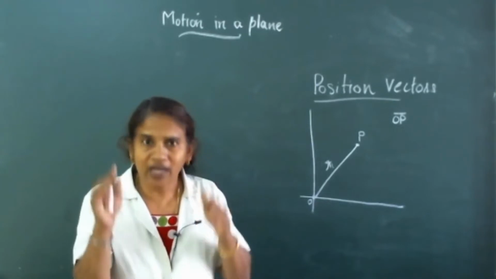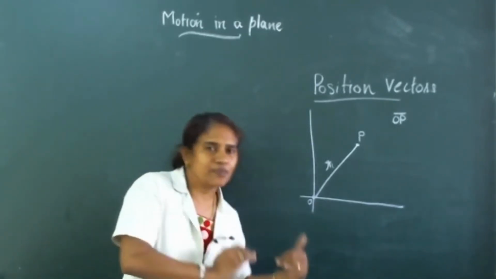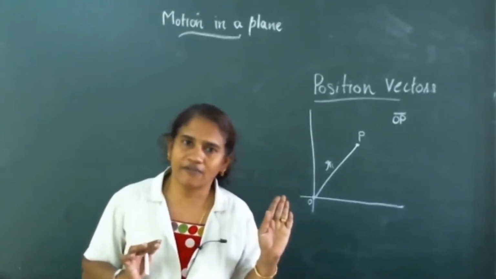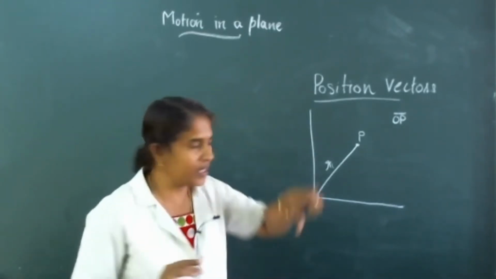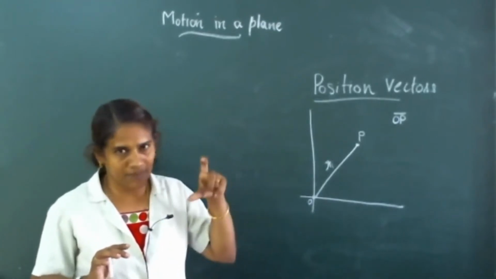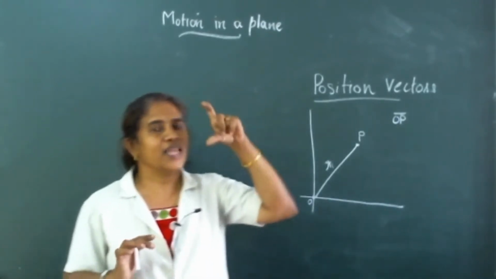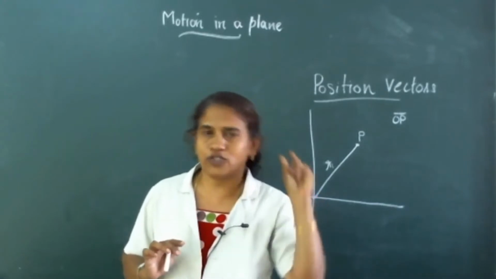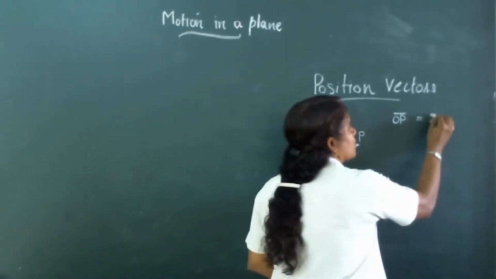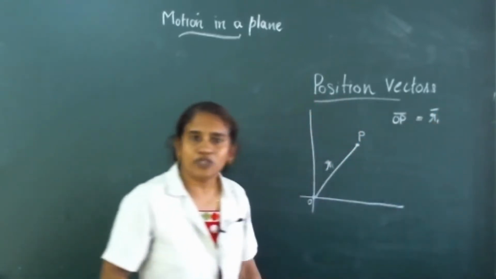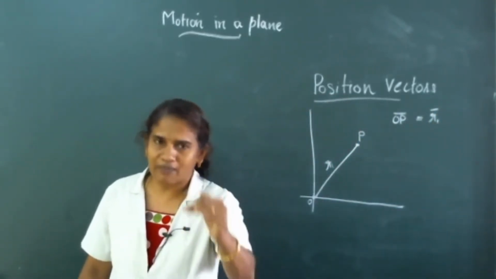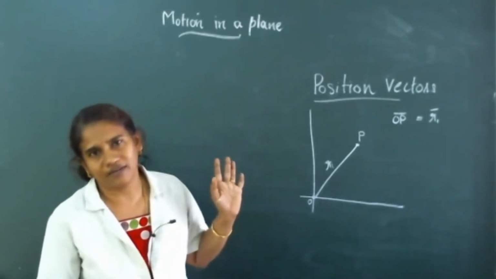P is the point, position vector is with respect to origin when we are explaining, that itself is known as position vector. So, if P is the point, then OP is the position vector. With respect to origin when we are explaining, that vector form is called the position vector. So, vector OP means R1 is the distance. So, R1 is the position vector, or OP is the position vector whose magnitude is equal to R1.